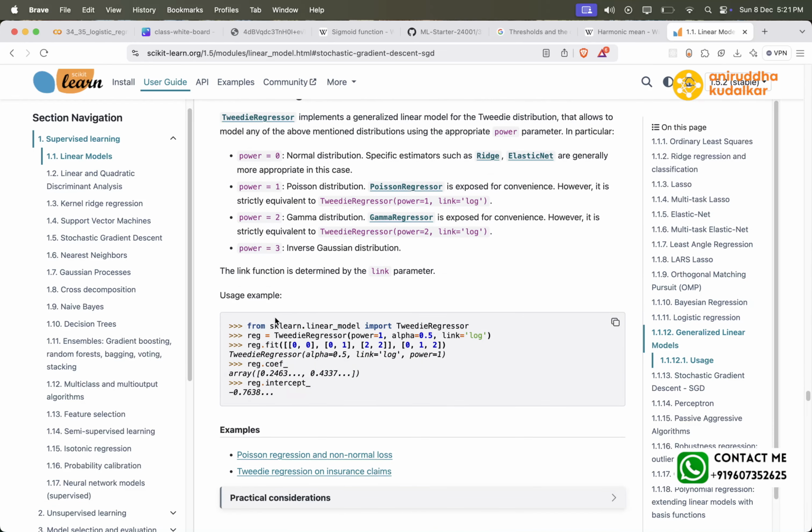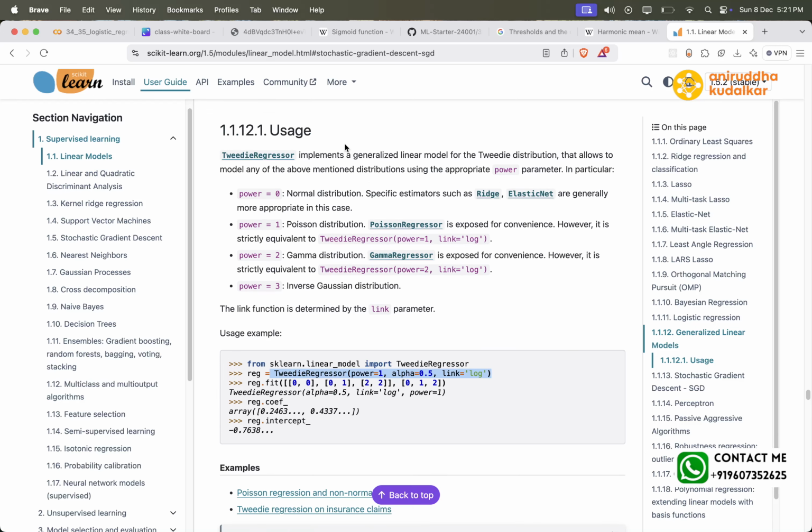You don't need to do anything from sklearn linear model, Tweedie regressor, power 1. You just need to know what type of data you have and which algorithm to use. If you see, it implements the generalized linear model for the Tweedie distribution. Now, what is the Tweedie distribution?